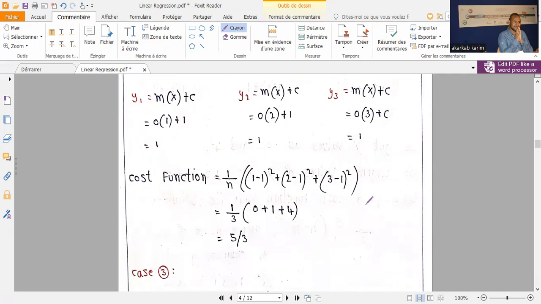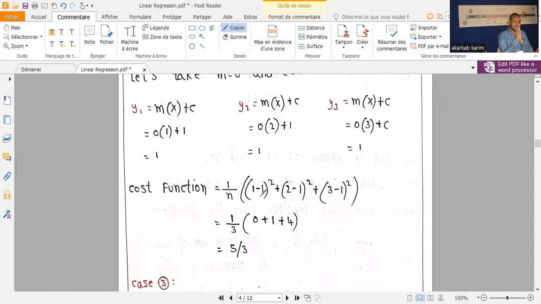Here, when we pass into the cost function, we found 1 divided by 3, 0 plus 1 plus 4. After calculation of this, 1 minus 1 squared equal to 0, 2 minus 1 squared equal to 1, and 3 minus 1 equal to 2 squared equal to 4.